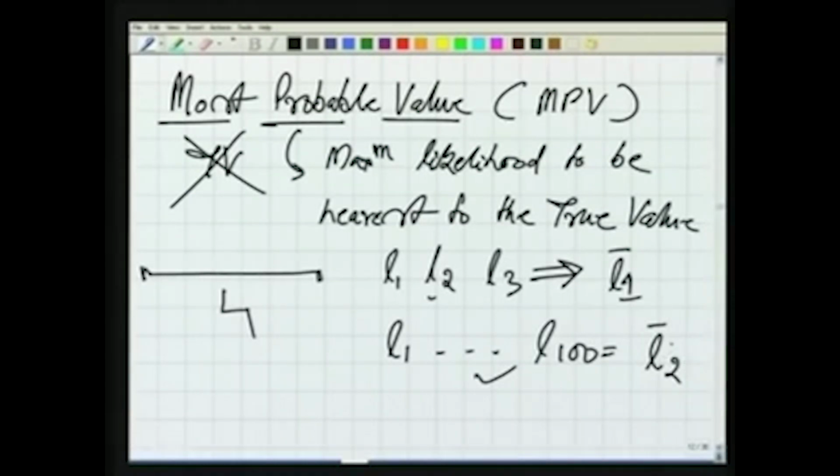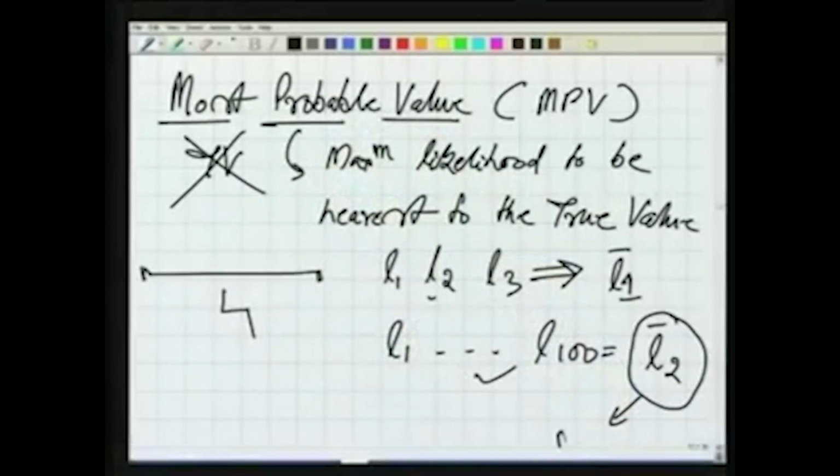There are two cases. So obviously, just by common sense right now, you can say that the probability of L2 being nearer to the true value is more. So we can say this is our most probable value, or rather the other way around. Out of all these 100 measurements, which measurement is most probable?